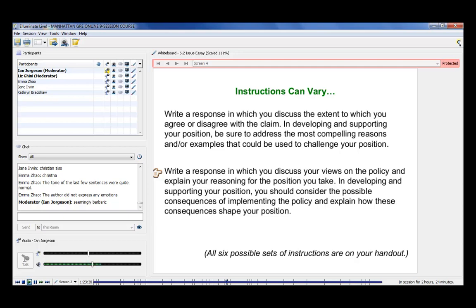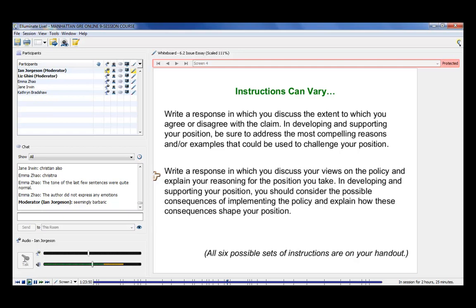So in this case, we might say, I disagree with this policy, and I think we should not implement the policy, and here's what's going to happen if we do implement the policy, and here's why those consequences make me say we shouldn't adopt it, right?